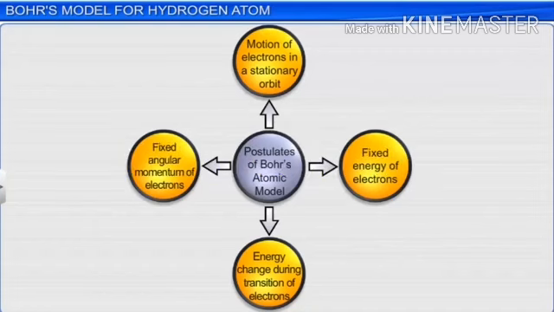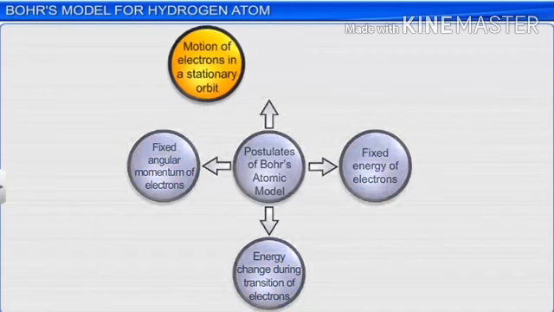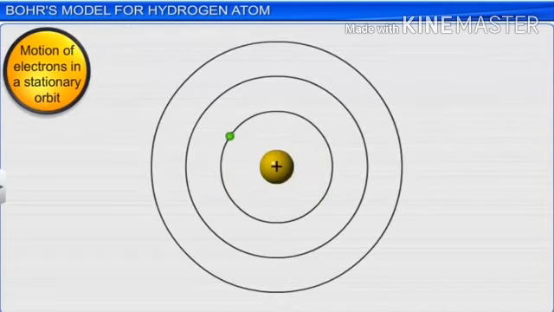The first postulate in the Bohr model of the hydrogen atom states that the electrons in the hydrogen atom move around the nucleus in a circular path of fixed radius and energy. These paths we call orbits. So the motion of the electrons takes place in a stationary orbit, which has fixed radius and energy.